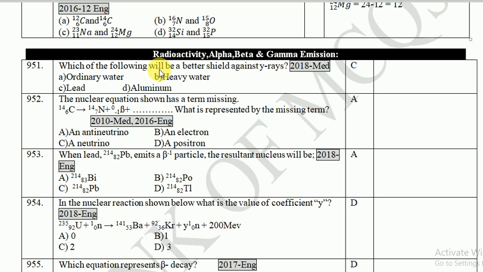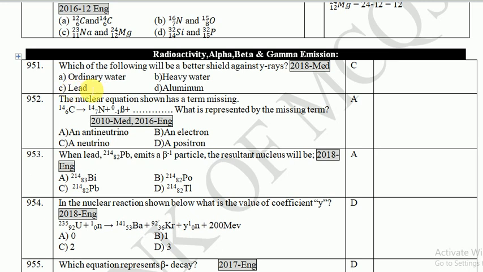The next is, which one of the following will be a better shield against X-rays? We know that X-rays can pass through ordinary water and hard water, and they can pass through aluminum, but they cannot pass through lead.